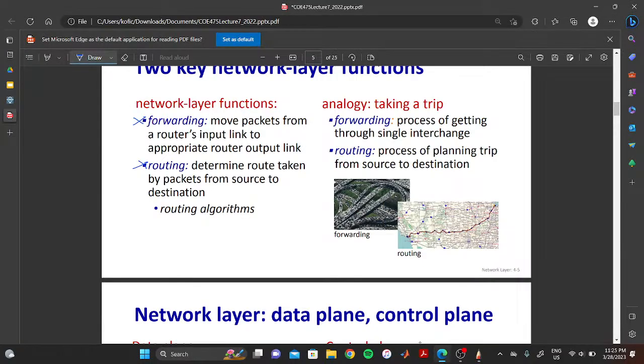And routing is to determine the path from source to destination. The analogy that really helped me understand this was the trip taking analogy. You're moving from Kumasi somewhere else, and the process of getting through a single interchange, or a single junction, or a gate is the forwarding, and routing is knowing which paths to take.